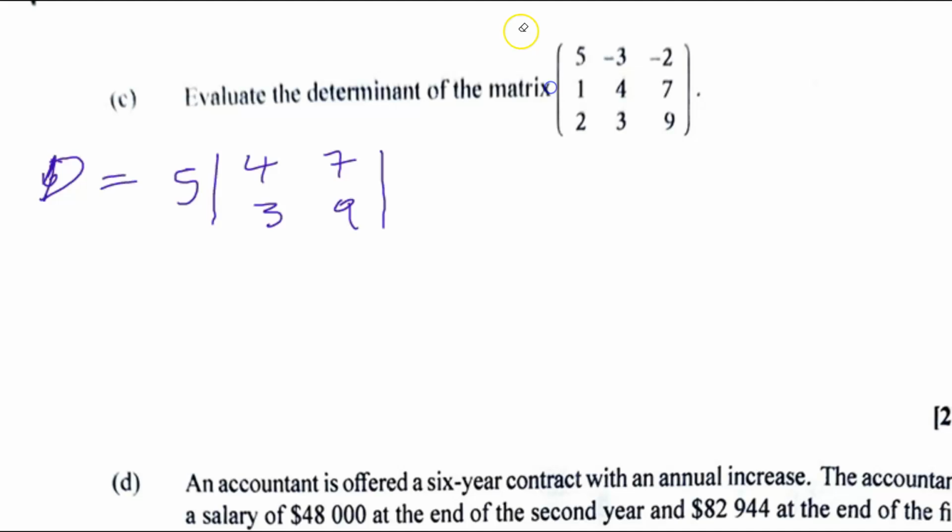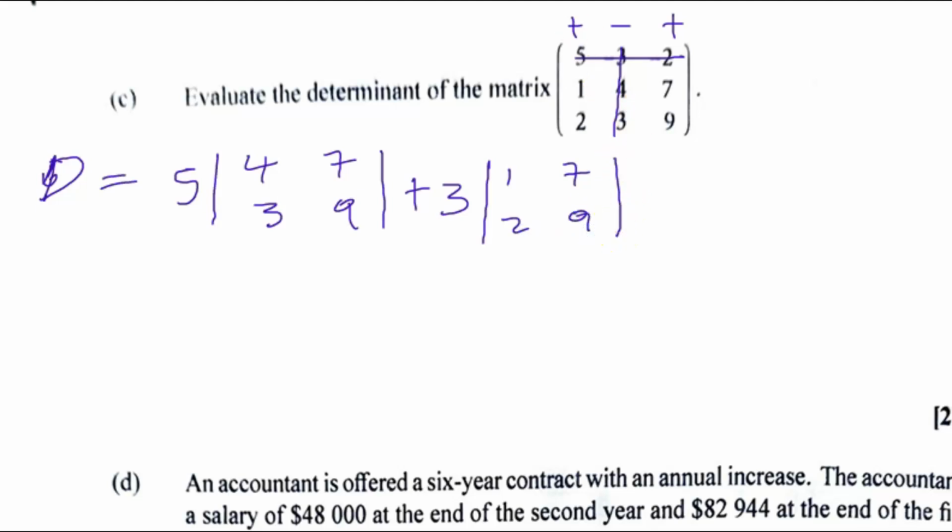Alright, so the next value in the top row, that's minus 3, but you change the sign. So you keep the sign, change the sign, keep the sign. So we're keeping this, we change the sign of the minus 3, that's positive 3. And the cofactor of this term here, cross out the row, cross out the column, you're left with 1, 7, 2, 9.